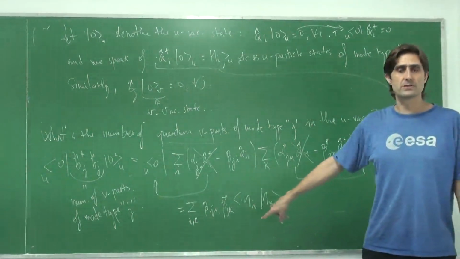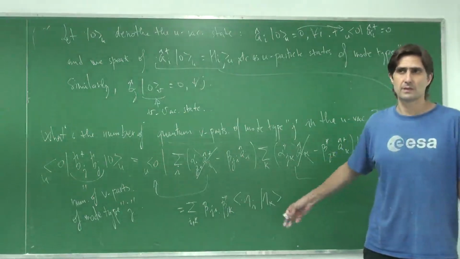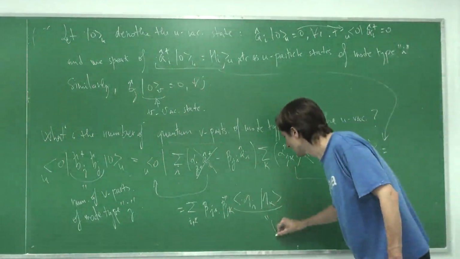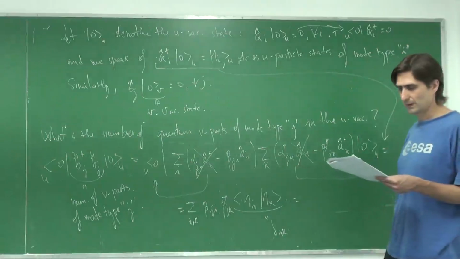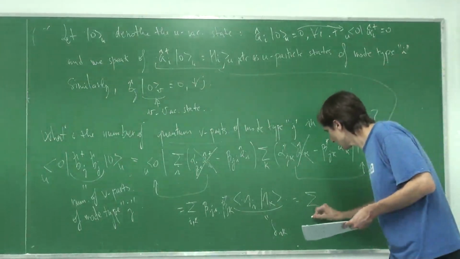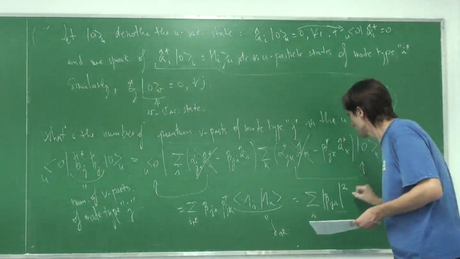And this is 0 if I and K are different, and it's not 0, it's 1 if I and K are the same. So this just gives you delta I and K. It allows us to go through one of the sums. And so we have this.